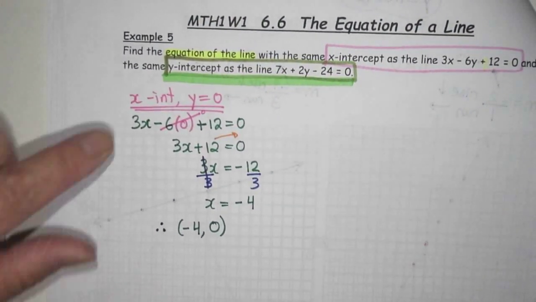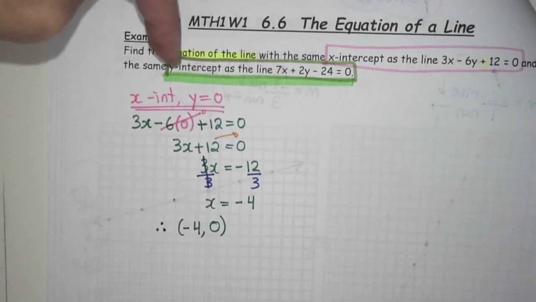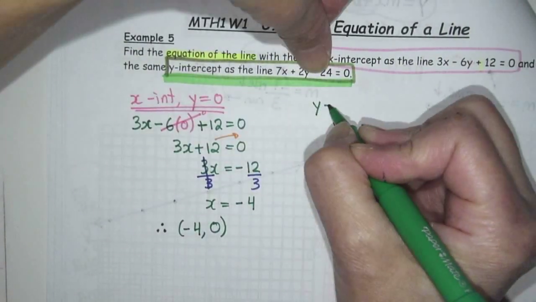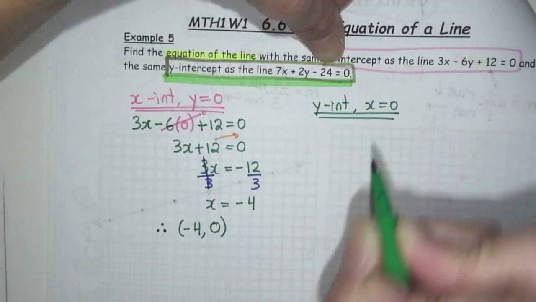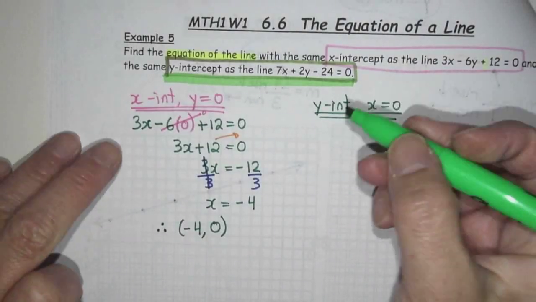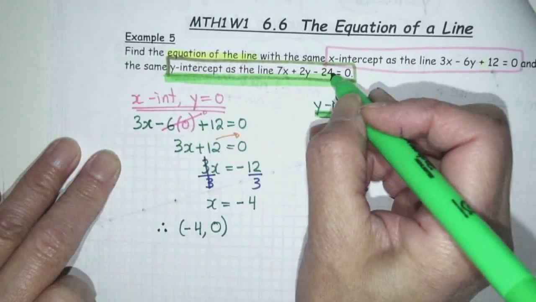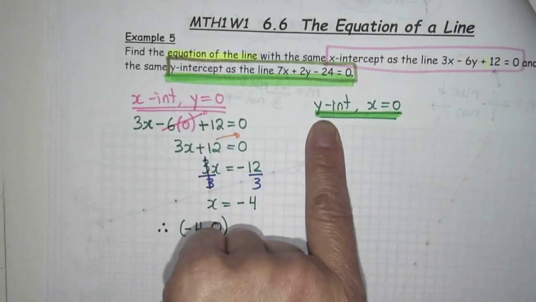It's a separate question here, not a separate part of the question for this one. So for the y-intercept from this line, y-intercept is when x equals 0. We're going to do the same thing as we did for the y-intercept on the previous example.